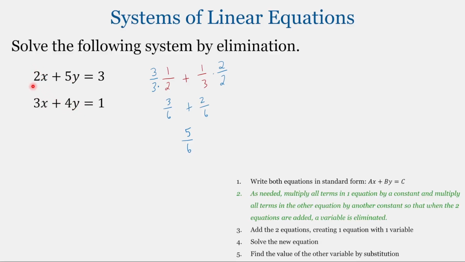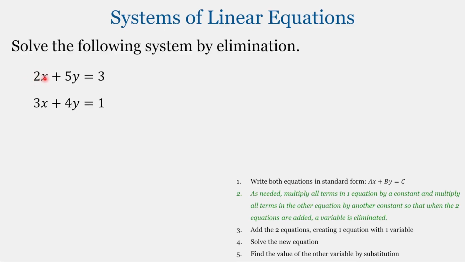I'm going to eliminate the variable x. So we're going to find the least common multiple. Really, you can find any common multiple, but it's easiest to find the least common multiple of 2 and 3. Again, that's 6. So we're going to multiply 2x by 3 to give us 6x.